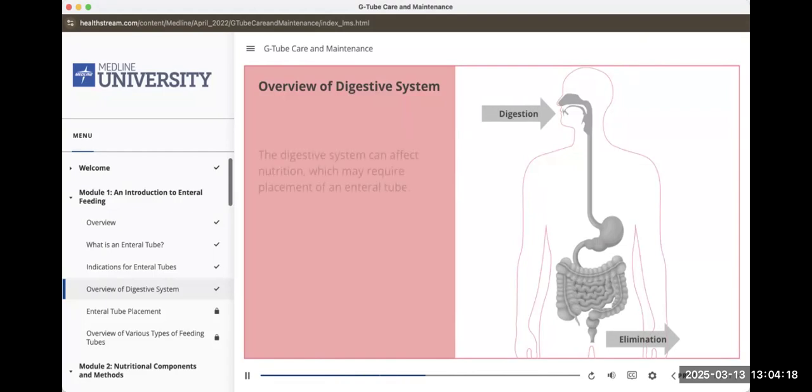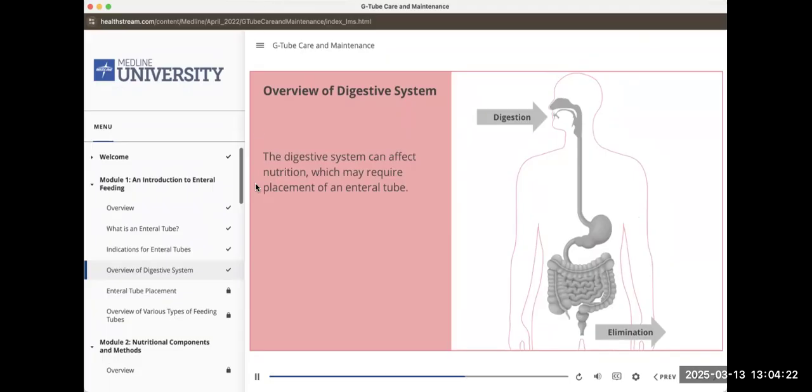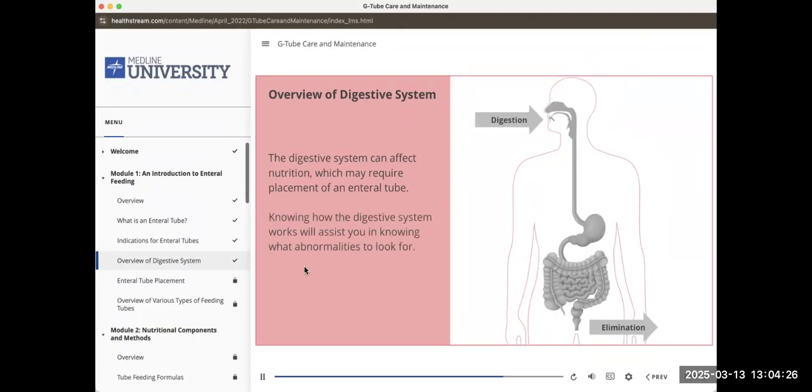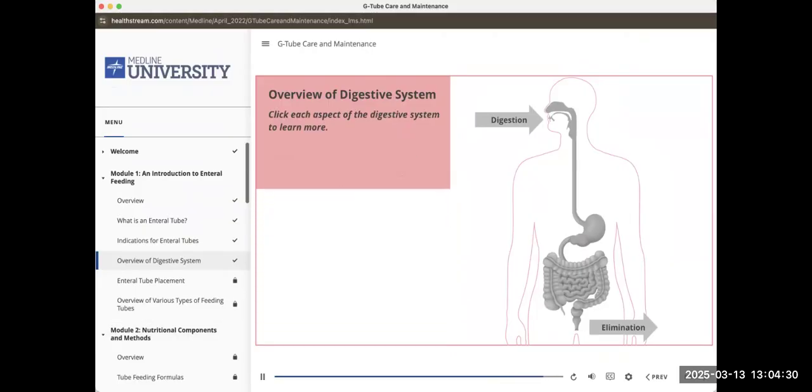The digestive system can affect nutrition, which may require placement of an enteral tube. Knowing how the digestive system works will assist you in knowing what abnormalities to look for. Click each aspect of the digestive system to learn more.